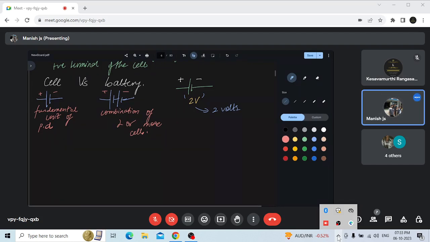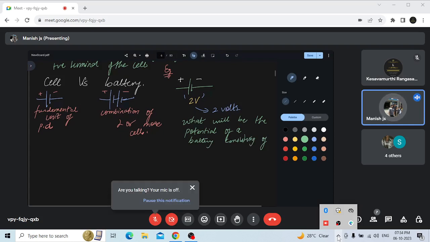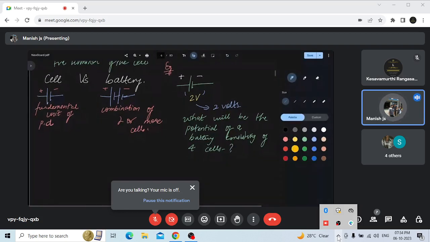Now, what will be the potential of a battery consisting of 4 cells?